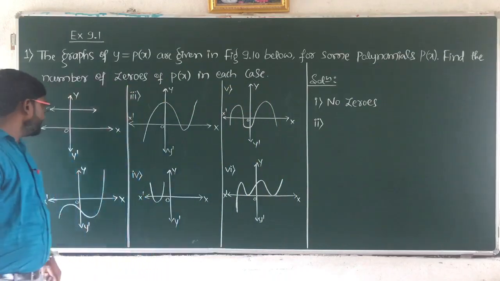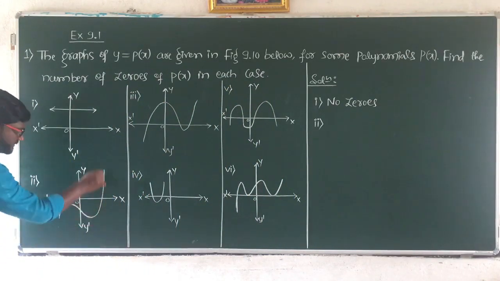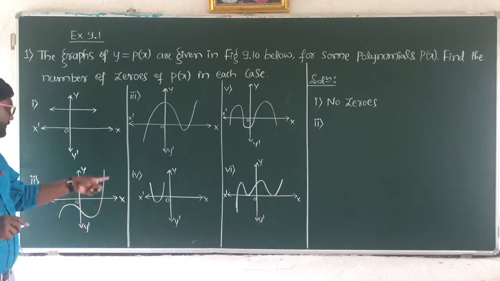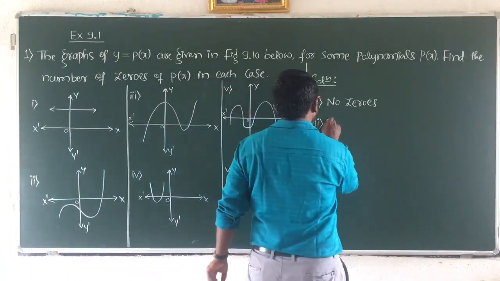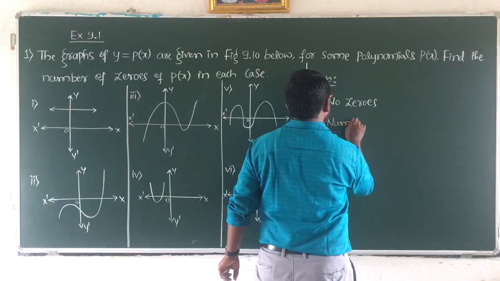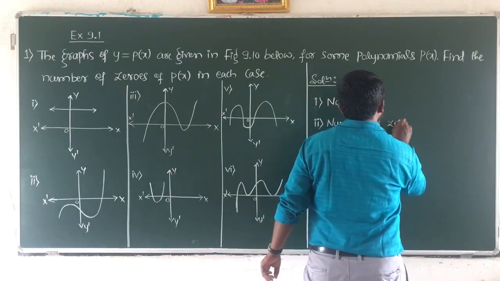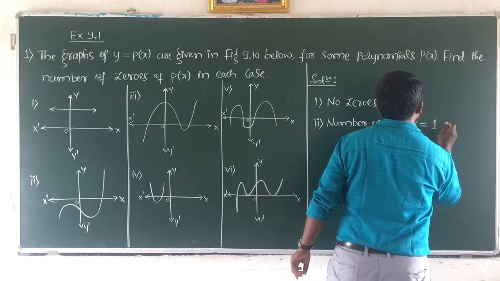So go for the second one. See the graph of the second case. So here this graph is intersecting the x axis at only one point. That means this has got only 1 zero. Number of zeros equals 1.